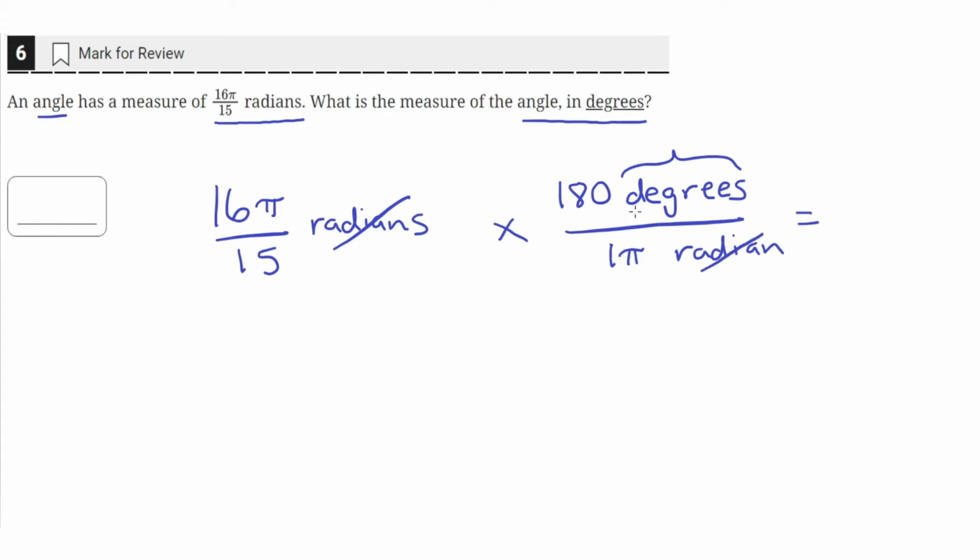So when we multiply these two together, the radians will cancel out, and we will be left with 192 degrees. The pi's here also cancel out, so all you need to put into your calculator is 16 times 180 divided by 15. So the answer is 192 degrees.